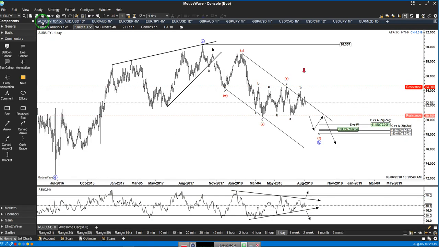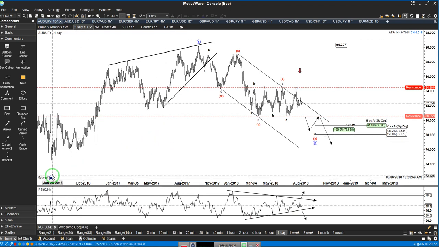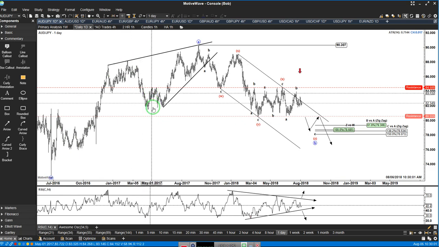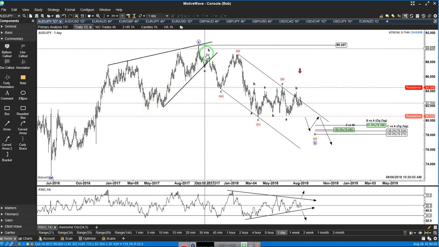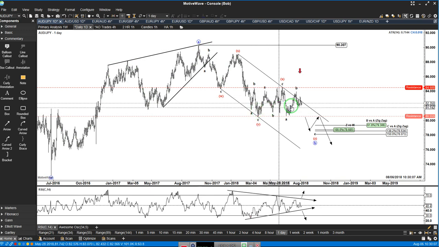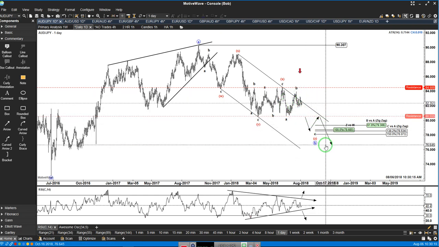Looking at the Aussie yen from these lows around 72 here, 72.50. I think we have just 1, 2, 3, maybe 3 here, 4, 5 up for an A. Right now we have 1, 2, 3 down, sideways consolidation for a 4th swing, and we're going to see a 5, 6, and 7.